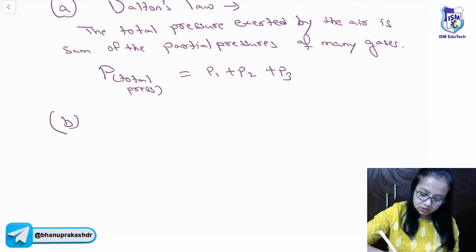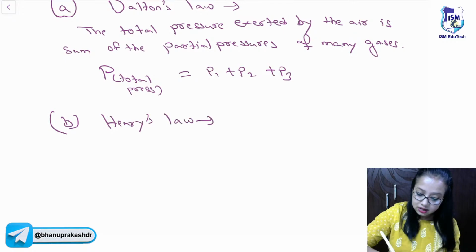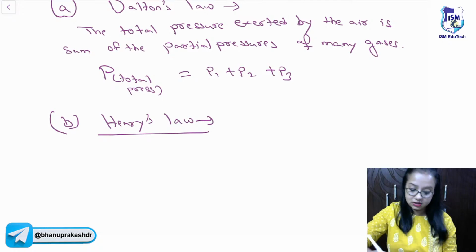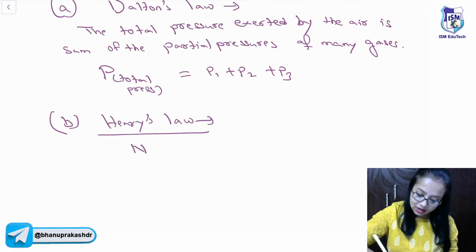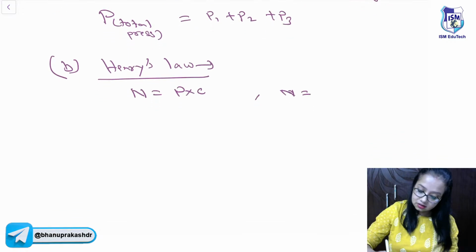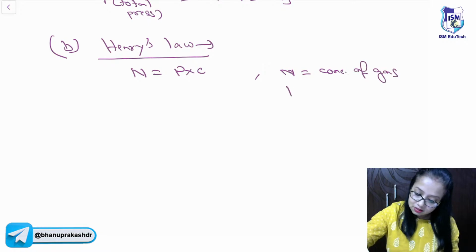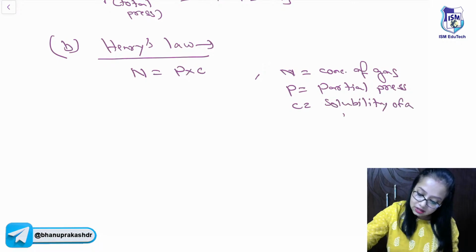Second law, in context to that, is Henry's law. Now, Henry's law talks about the relation between the concentration of the gas, partial pressure and solubility. According to Henry's law, N is equal to P into C, where N is the concentration of a gas, P is the partial pressure of a gas, and C is the solubility of a gas.